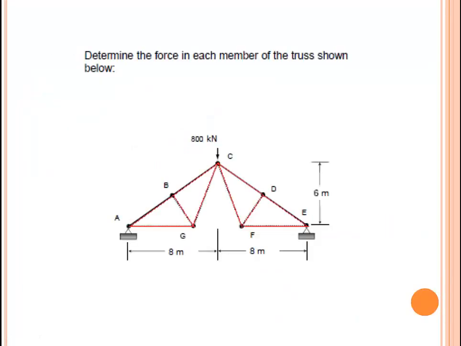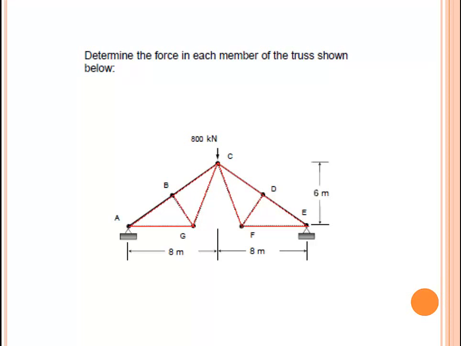Let's see an example of how to determine the zero force members. In this truss you can see 800 kilonewton is applied at point C. So if you are trying to find out zero force members, point C has to be ruled out first.